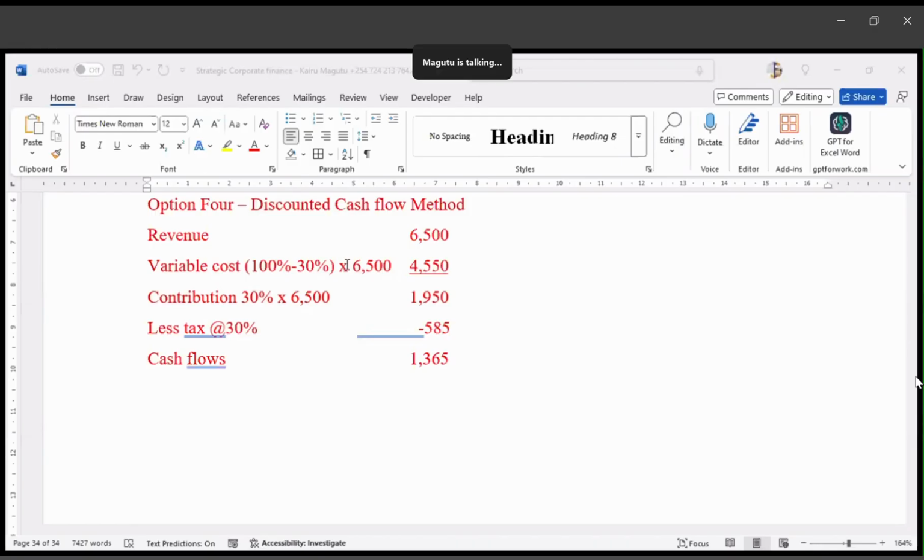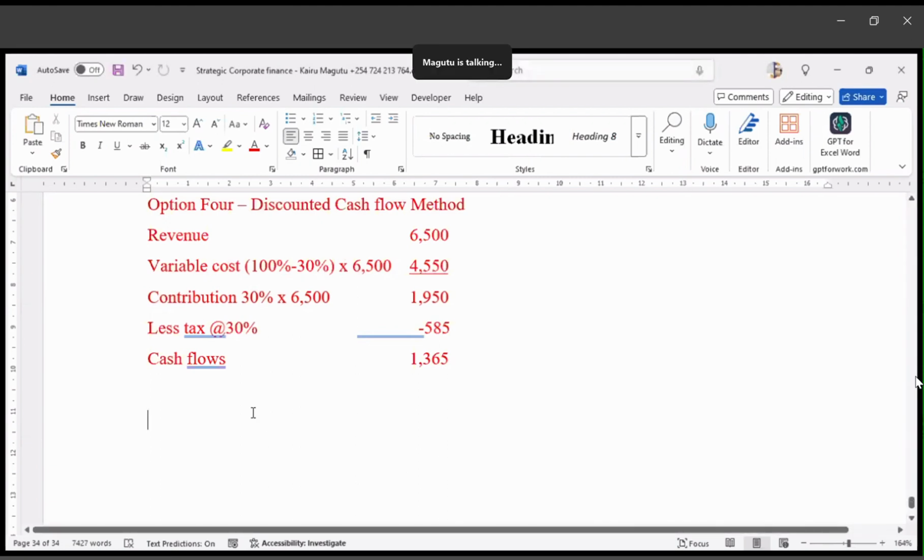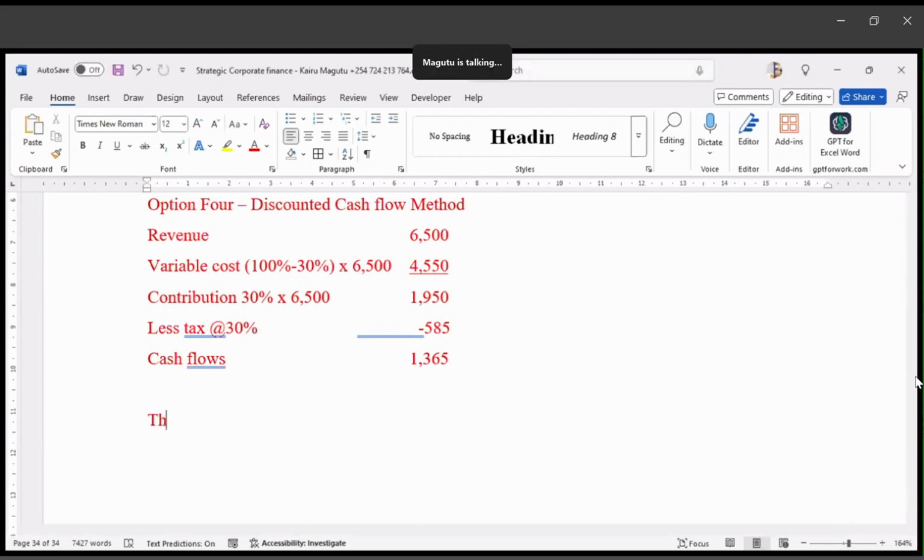So how do we get one from the other? Now, the first thing, this farm is geared.